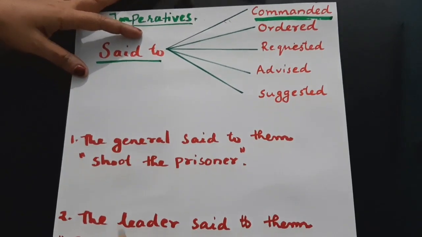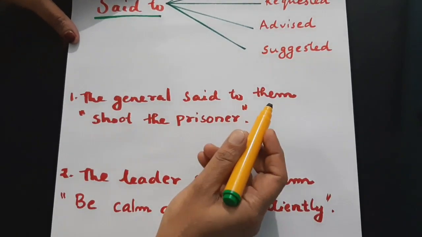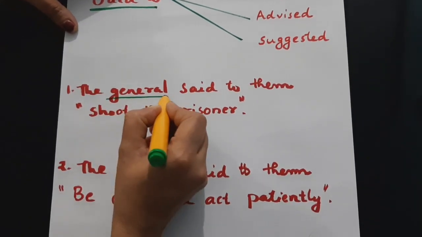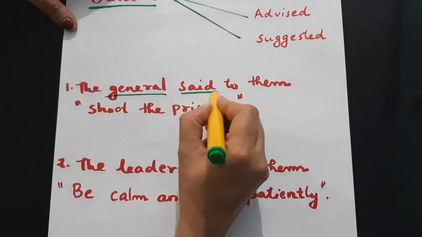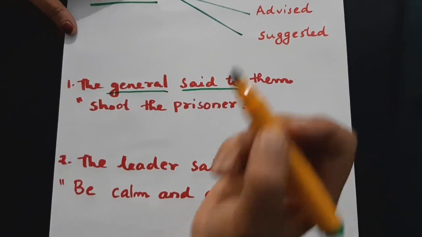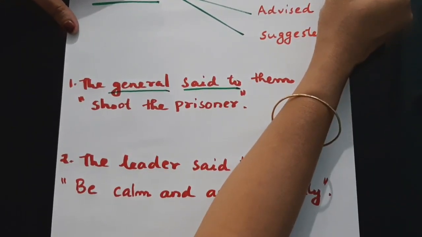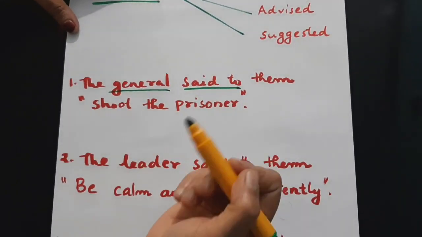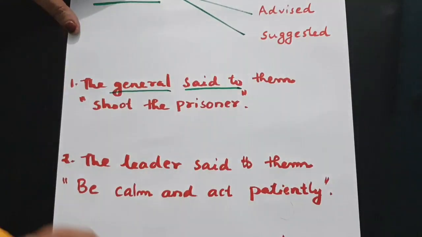See, this sentence: the general said to them. See, this is a military officer. So that said to will be converted to, which one will you choose? That is commanded. As I told you, a military officer is giving an order to his subordinate, so we can choose command.